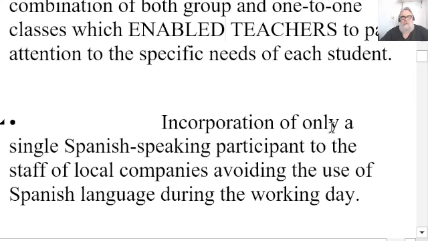Incorporation of only a single Spanish-speaking participant to the staff of local companies, avoiding the use of Spanish language during the working day.